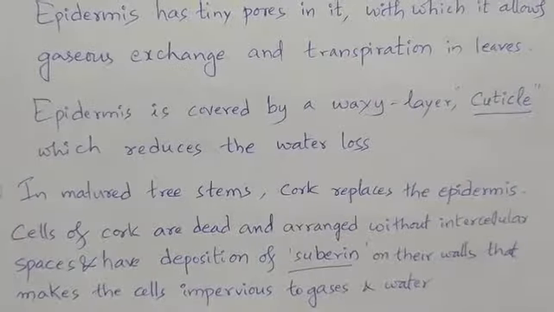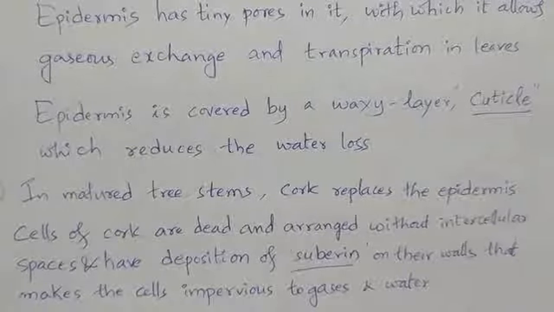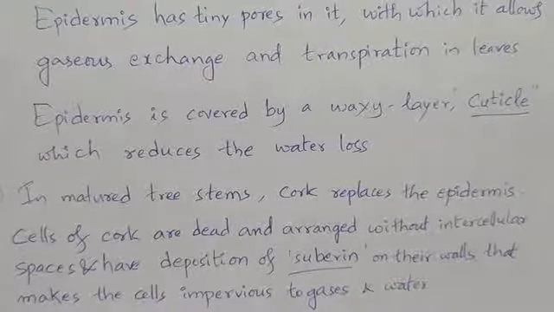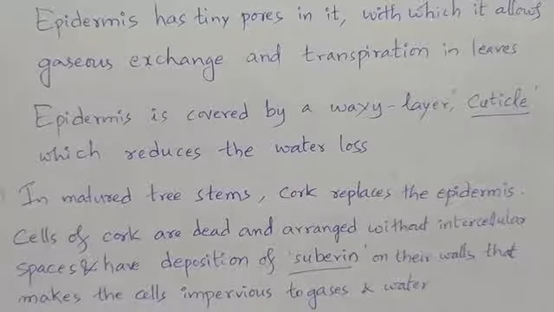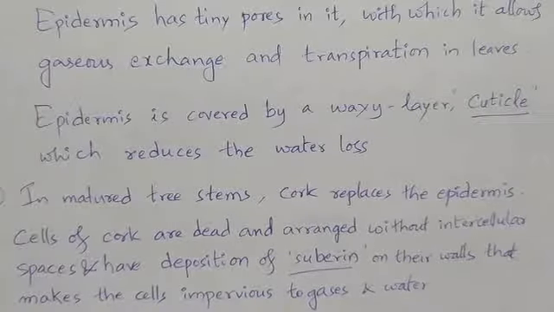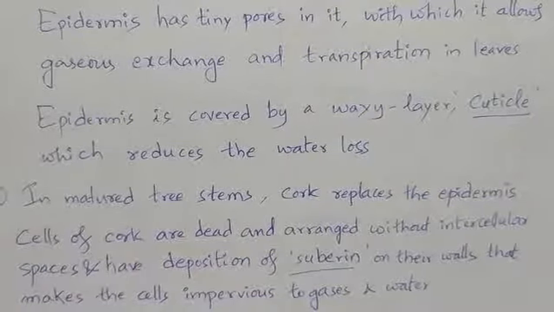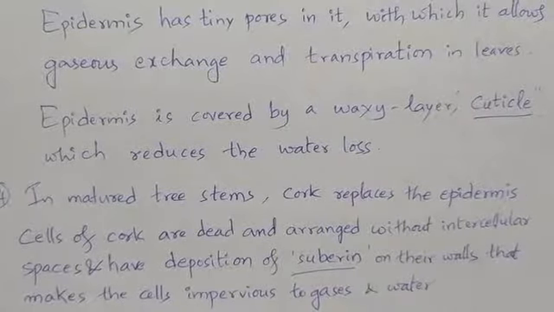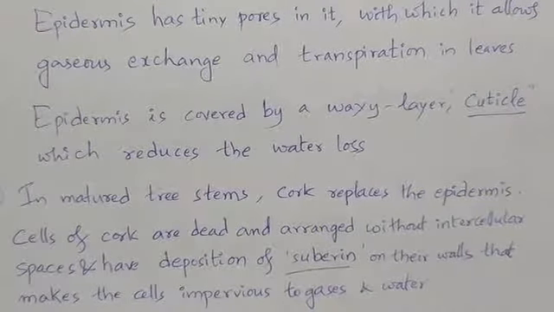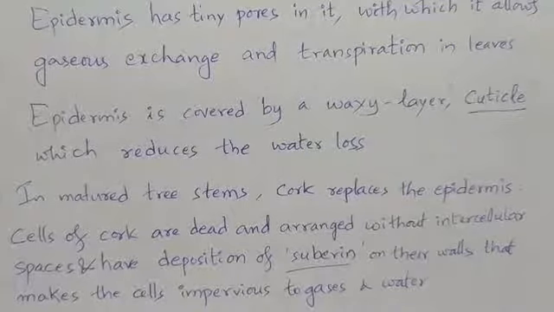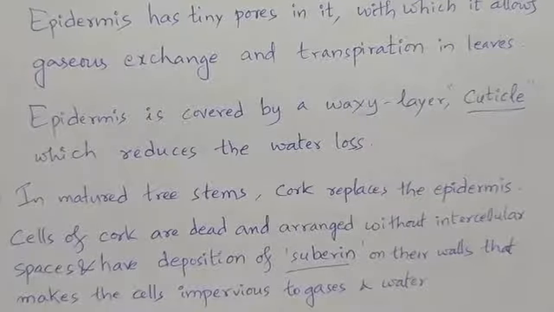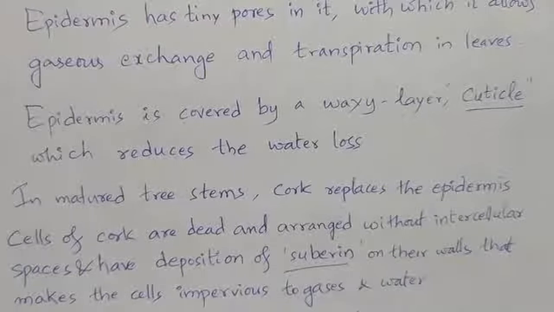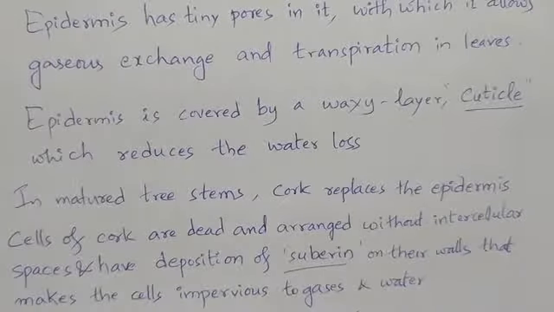The cells of cork are dead, and they are arranged without intercellular spaces, so highly compact. This compact arrangement of cells does not allow many parasitic invasions, and they have deposition of suberin on their cell walls, so that the cells become impervious to gases and water. Right?